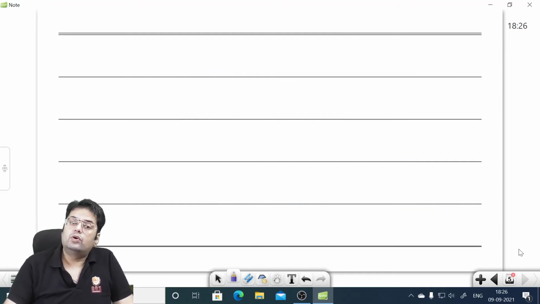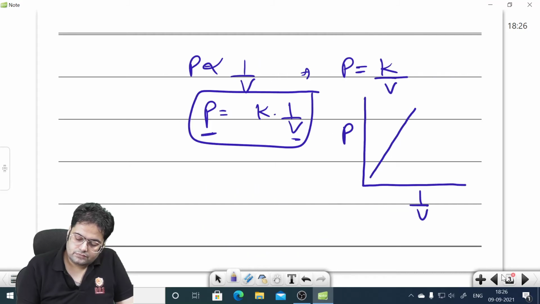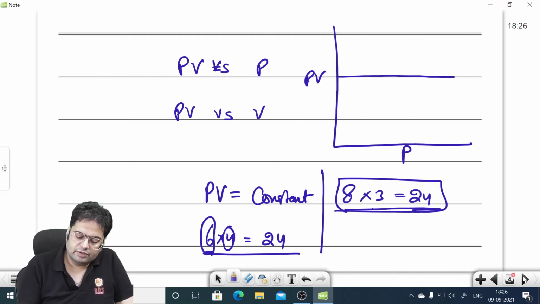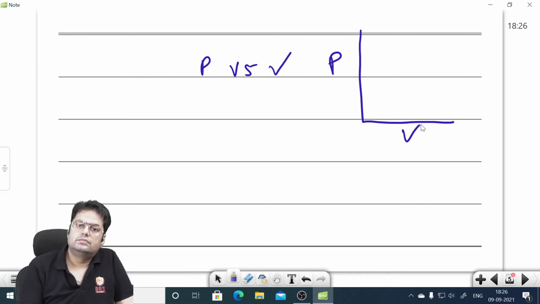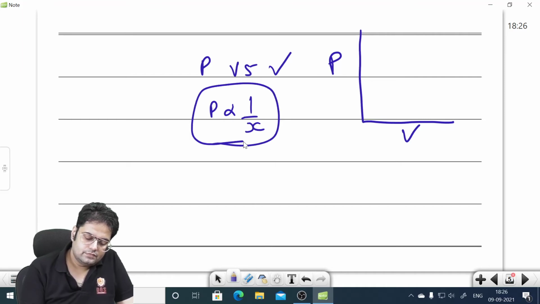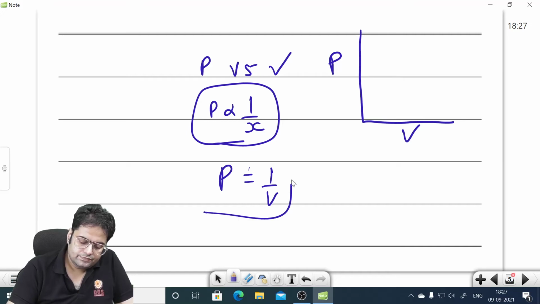Now what do we want next? We are done with P versus 1 by V, and PV versus P. Now let's talk about P versus V. Simply as it is, Y versus 1 by X sort of thing, because we all know that P is this.